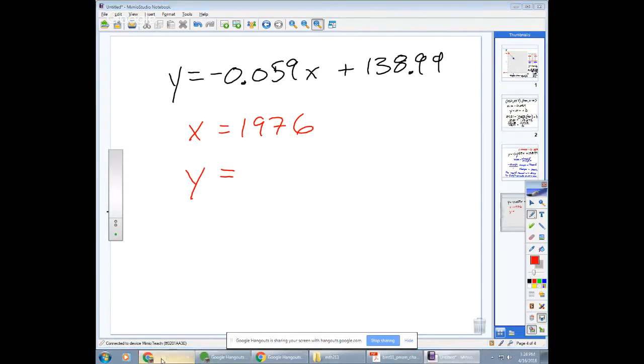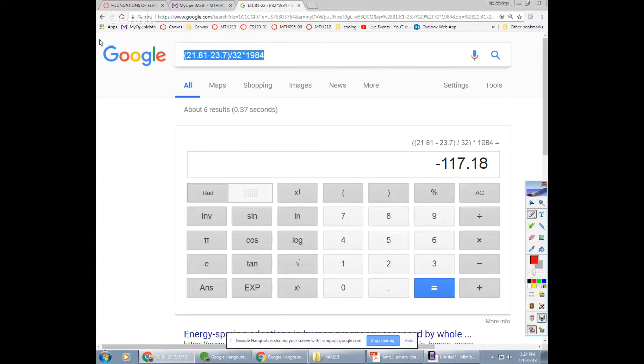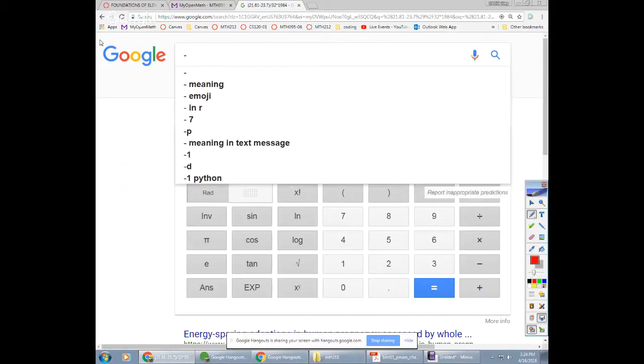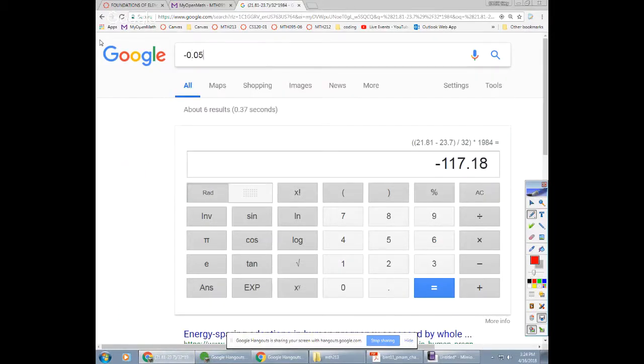So, calculator, go. Negative 0.059 times 1976 plus 138.99. And my calculator says it predicts a world record of about 22.406.